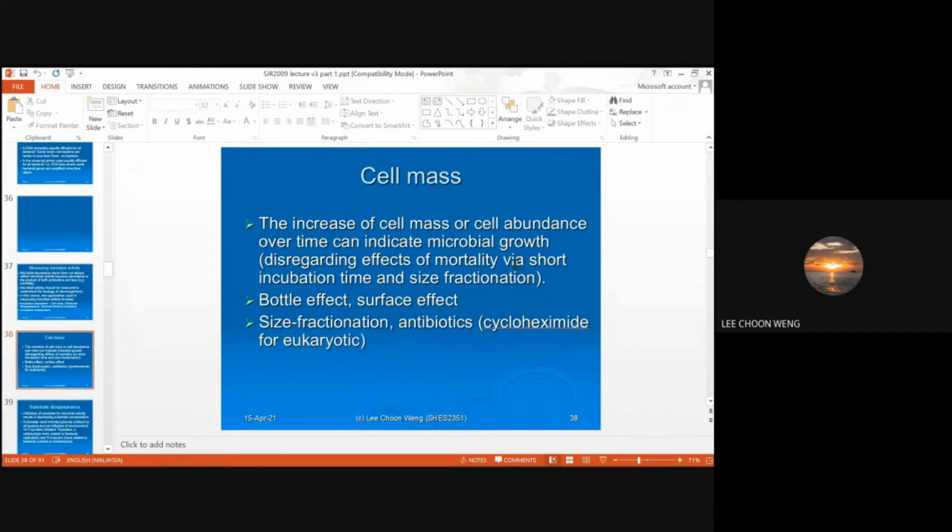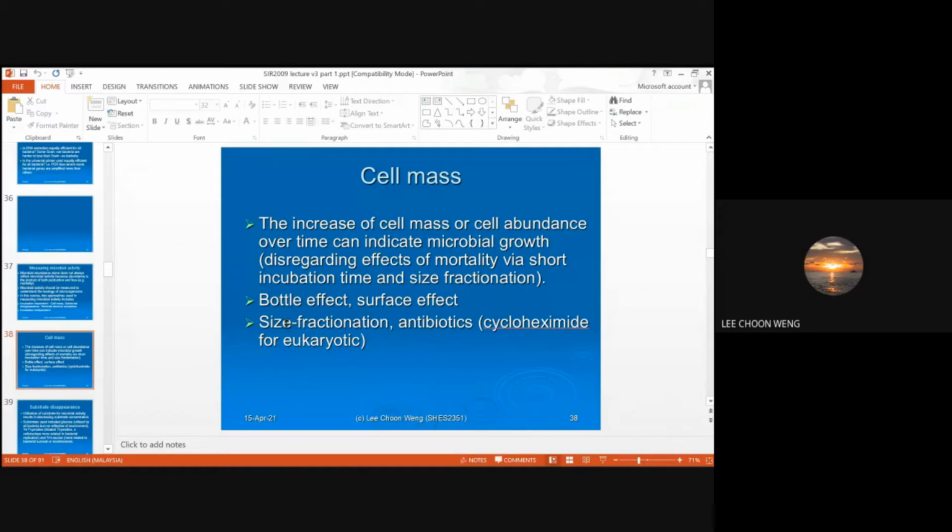Okay, of course you have to carry out a size fractionation to remove the protozoa and also to maintain short incubation time. Okay, so that the effects of nutrient limitation can be reduced.